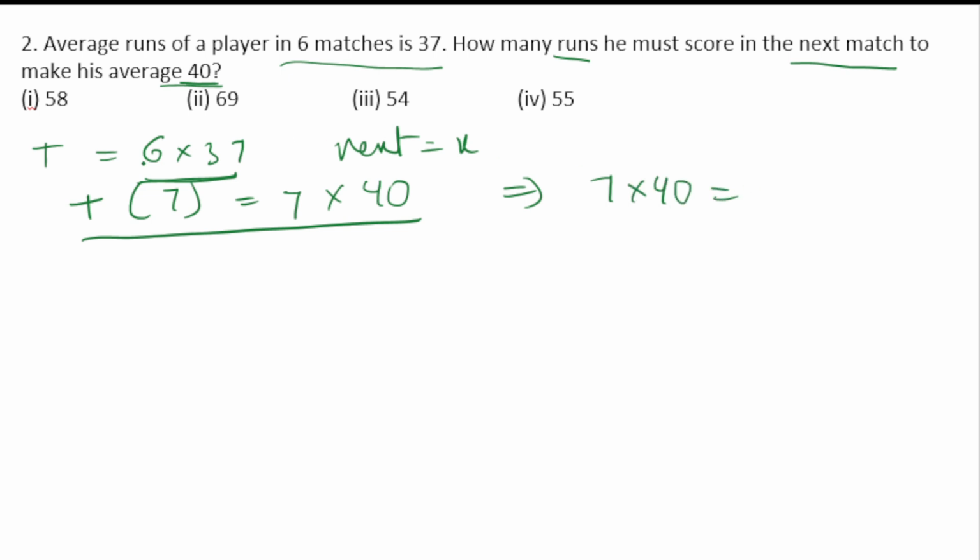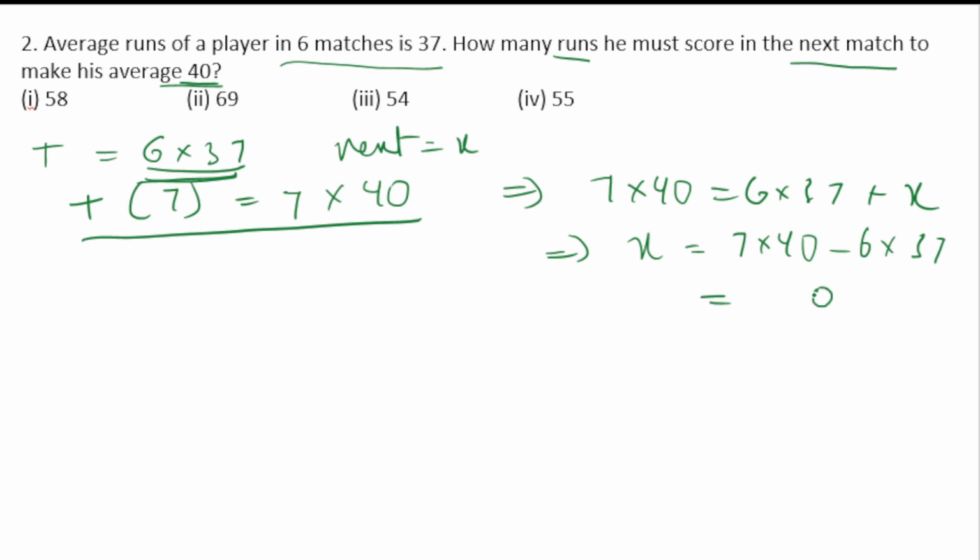This will be equal to total runs in 6 matches, 6 into 37, plus runs in the next match, x. So here you can find out x value. It is 7 into 40 minus 6 into 37. If you find out by using units digit, you will get 0 minus 2. Okay, it is 10 minus 2, 8. Okay, the answer is 58.